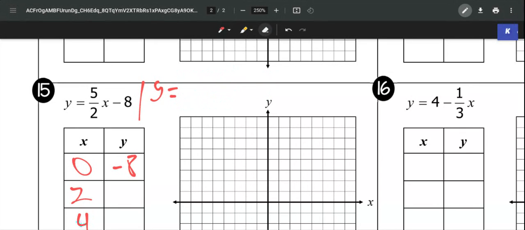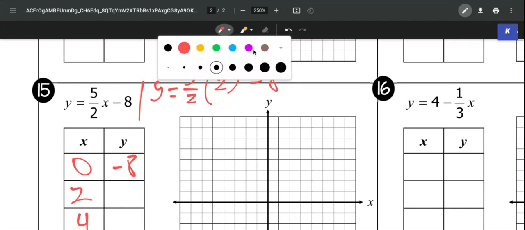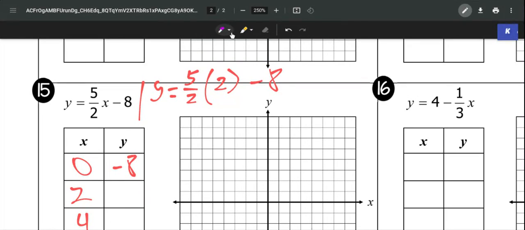So then we'll do this whole process again, except now we're going to plug in 2 for x. So it'd be 5 over 2 times 2 minus 8. If you divide across your diagonal, you'll actually cancel out 2 divided by 2 because that's 1. So you're left with 5 minus 8, which is negative 3.